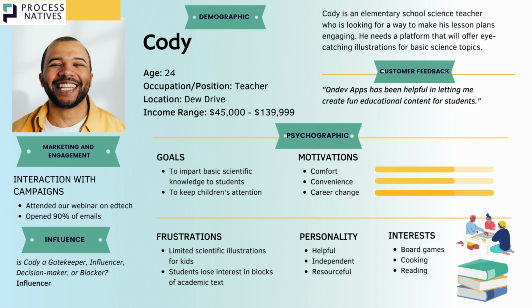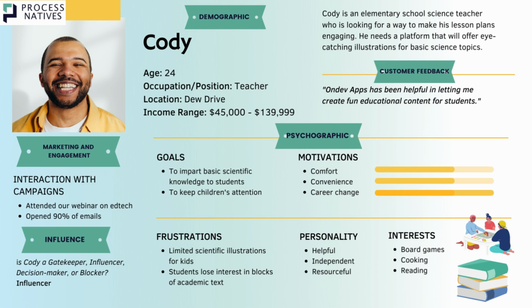You can see here how one software company selling a platform for illustrations approaches data for their contact. Cody is just one of their contacts in their CRM, and this is the illustration of the data they decided to collect. So let's start with the demographic data.